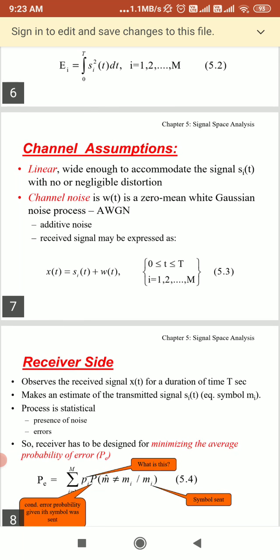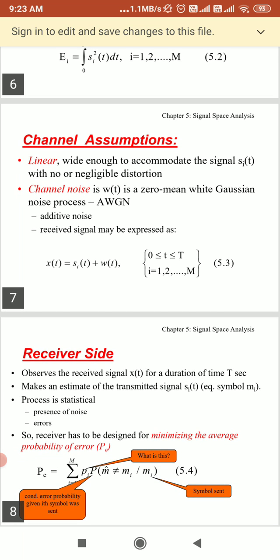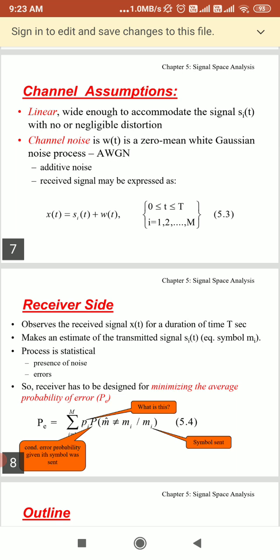And the channel noise w of t is a zero-mean white Gaussian noise process, that is WGN, or we can say additive white Gaussian noise, AWGN.